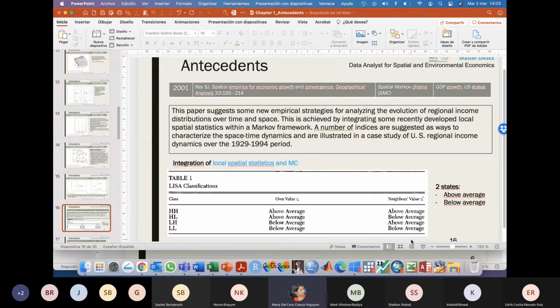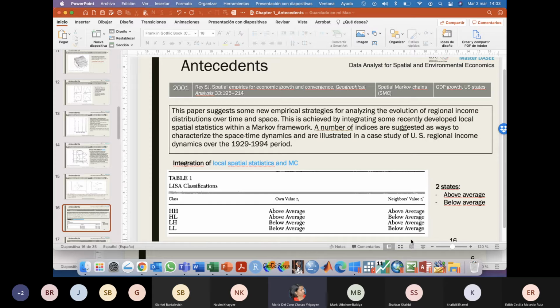Moran's scatter plot. So HH corresponds to regions with high values of a variable that are above the average, which are surrounded by regions with, on average, high values of this variable. LL corresponds to regions with low values that are surrounded by regions with low values on average.